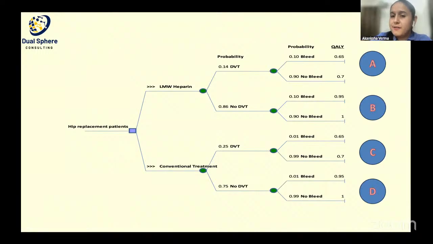Once we are done at this level, we have calculated the cost for A, B, C, and D. We will do the same exercise for this level. Now you will have total qualities for A, B, C, and D, meaning you have total qualities for DVT, no DVT, for heparin, and similarly for conventional treatment.